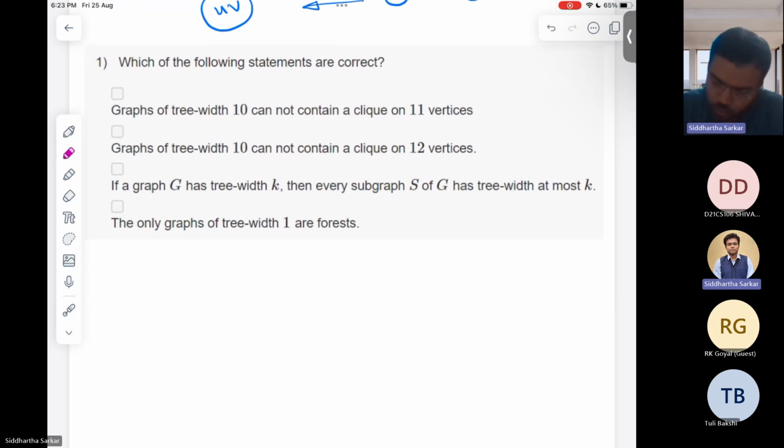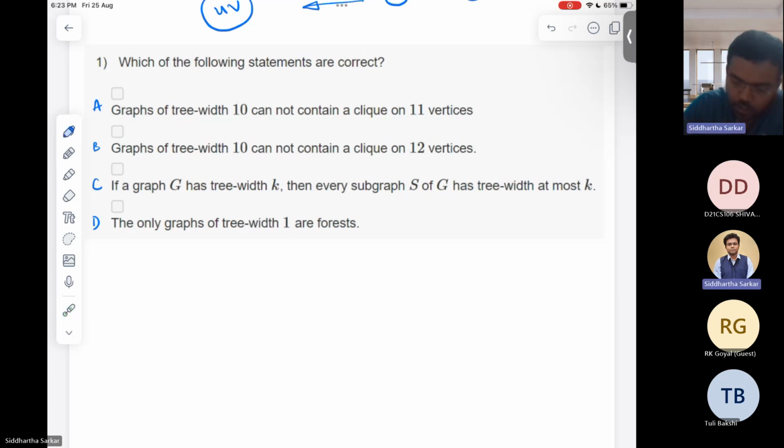We have been given four statements and we have to decide which statements are true and which are false. So let us mark the statements A, B, C, D. The first statement says that graphs of tree width 10 cannot contain a clique on 11 vertices.